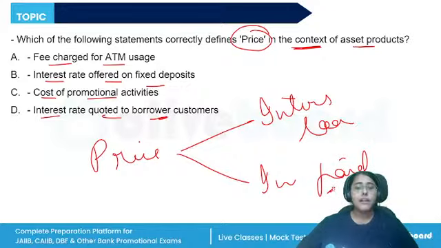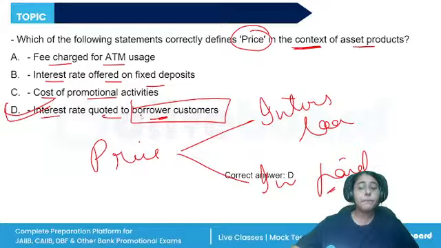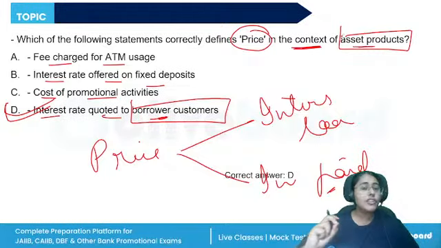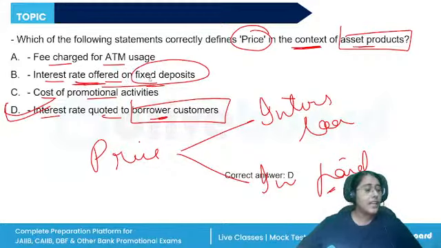So here price is the interest rate quoted to the borrower customers, right? Because we are talking about the asset products only. If the question was about the liability products, then the answer would be B, interest rate offered on fixed deposit. But right now we are asking about the asset products, so it will be interest rate quoted to the borrower customer. The correct answer is D.